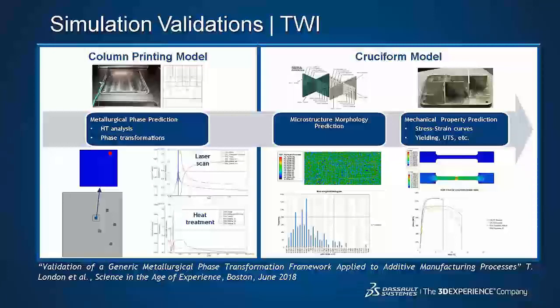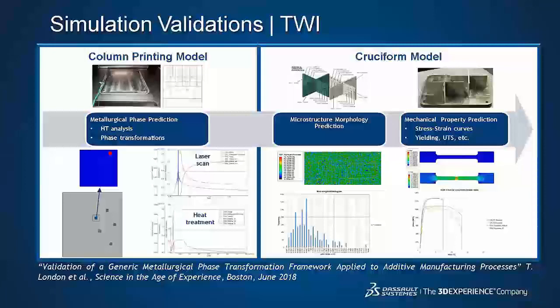Now, this year, we continue that collaboration, calibrating the metallurgical model with embedded thermocouples, validating the grain size predictions and morphology, and mapping microstructure features and quantities to tensile mechanical properties, simulating the printing, post-processing, heat treatment, and tensile testing of the specimens.